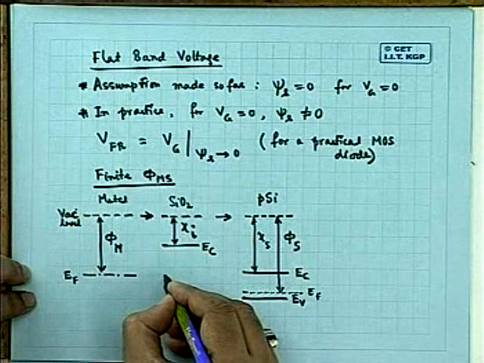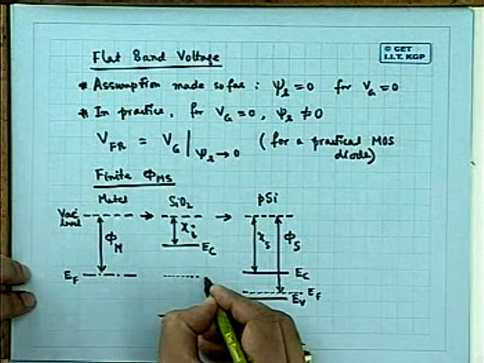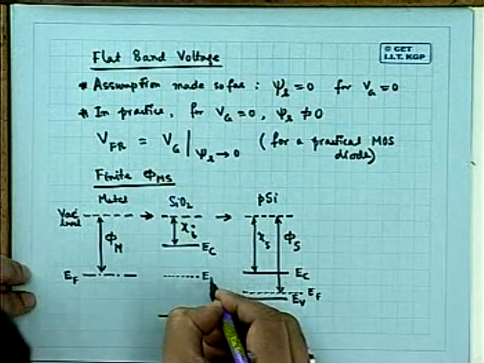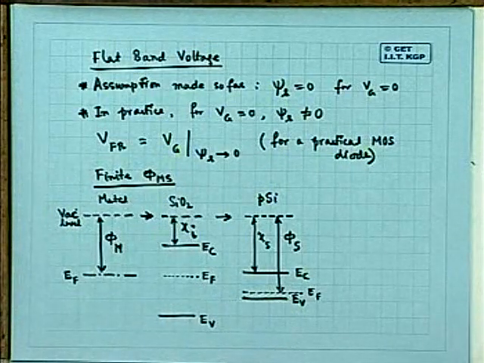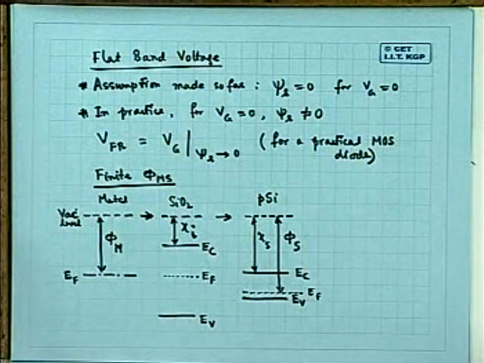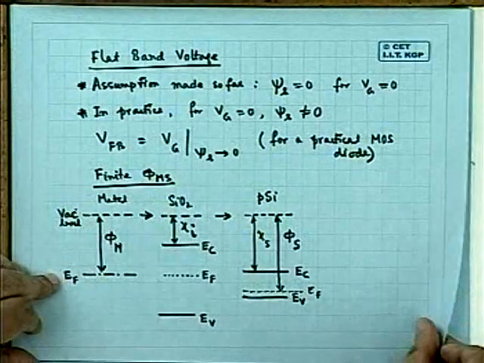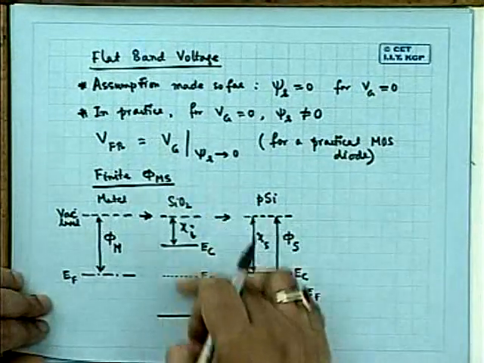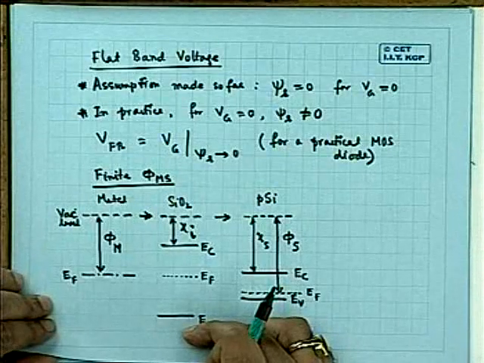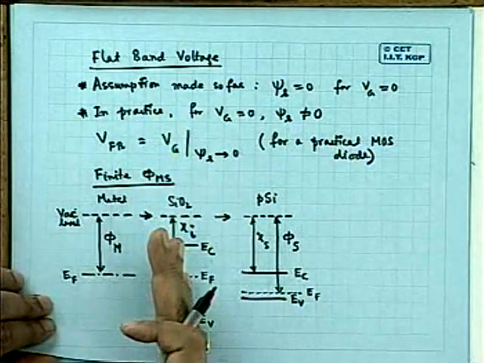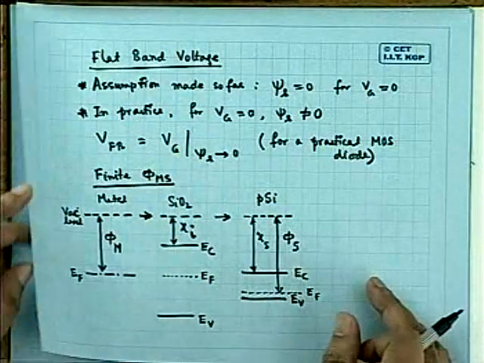Somewhere here, maybe, is located the Fermi level of this oxide. It is very uncertain, let me tell you. And again, silicon dioxide is an amorphous material and cannot be strictly characterized by a band gap picture as indicated here.